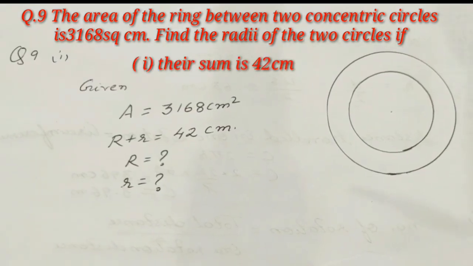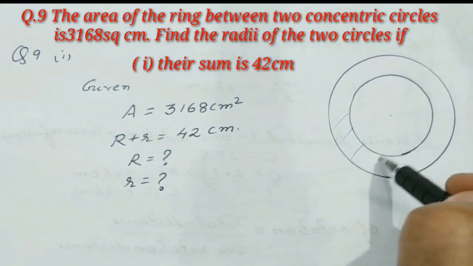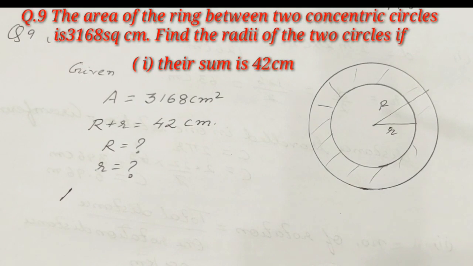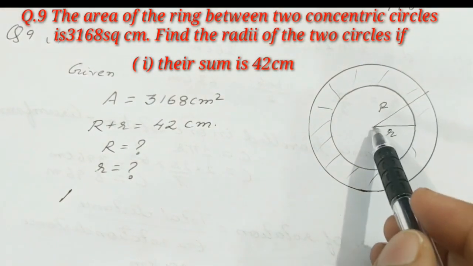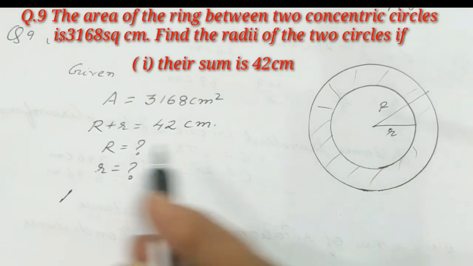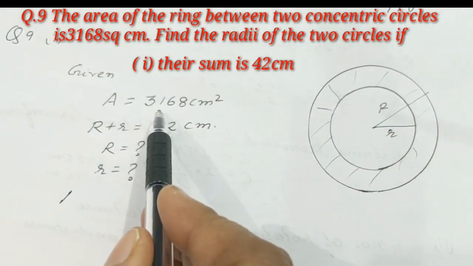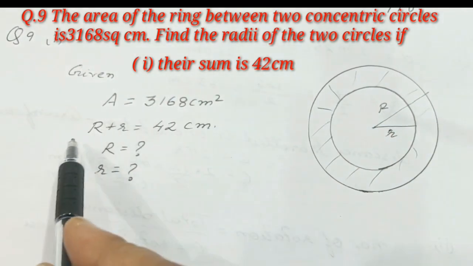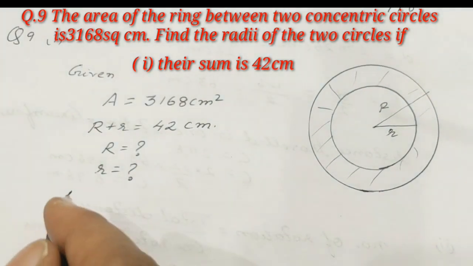Question 9. Children, you are given the area of the ring, means this area. Here the capital R is the outer radius and the small r is the inner radius. You are provided the area of this region is 3168 centimeter square. Sum of the radii is 42 centimeter. Find the two radii. So let's proceed.